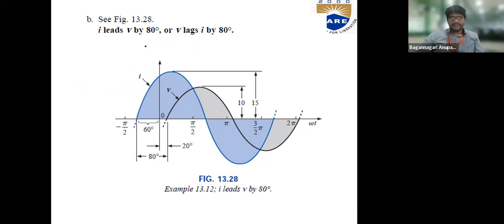If I take V as reference, what equations do I have to write? V is equal to Vm sine omega t. What equation do I write for I then? Comparing with this reference, is the current leading or lagging?